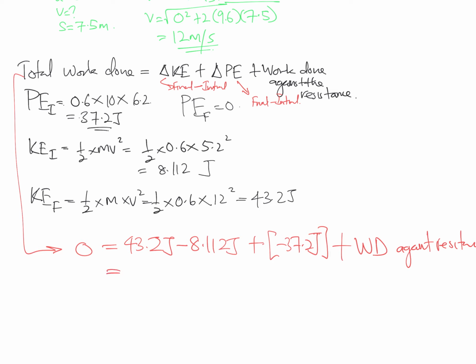So we have 43.2 minus 8.112 plus negative 37.2, which is negative 2.112, plus work done against resistance.